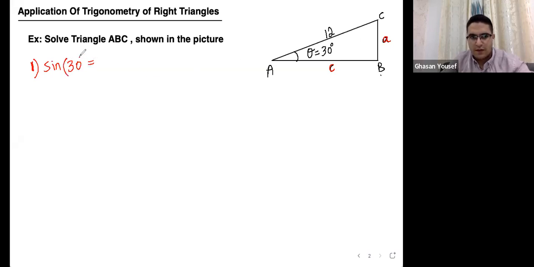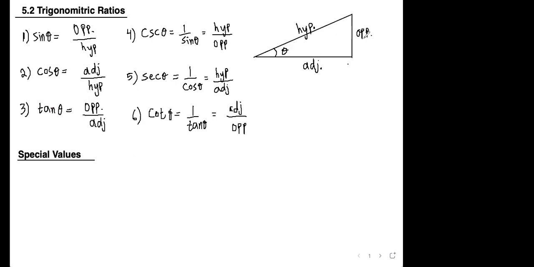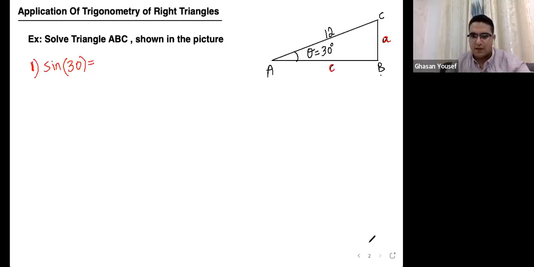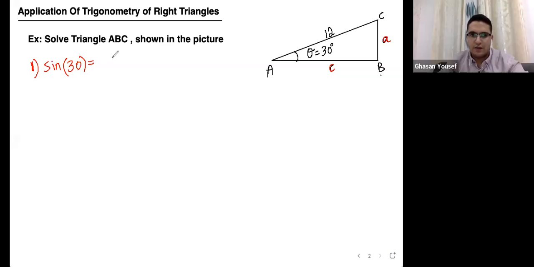The sine of this angle equals the opposite over the hypotenuse. Exactly. The opposite side here is a, over 12.